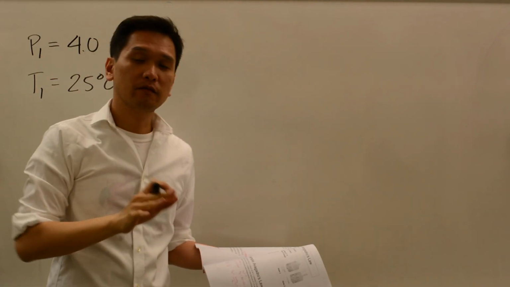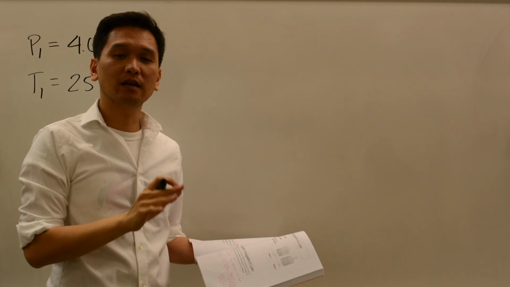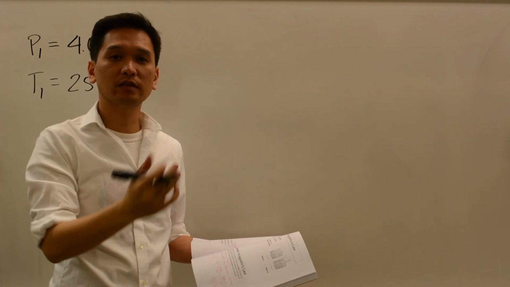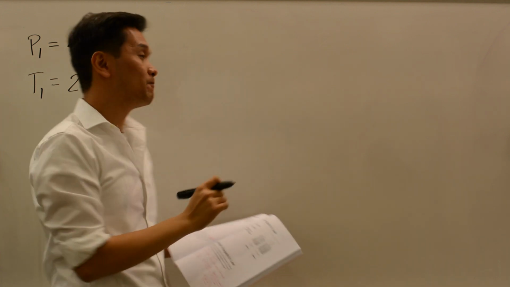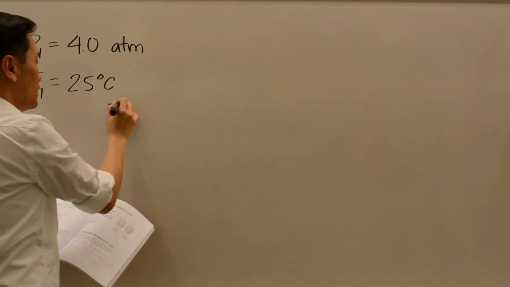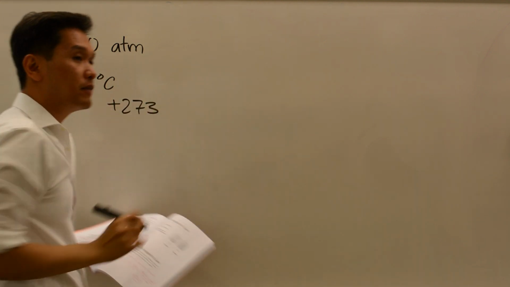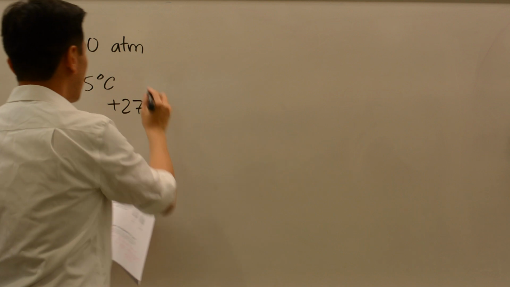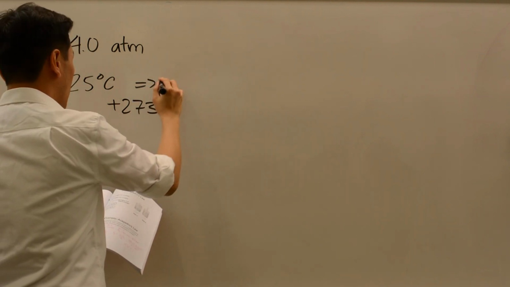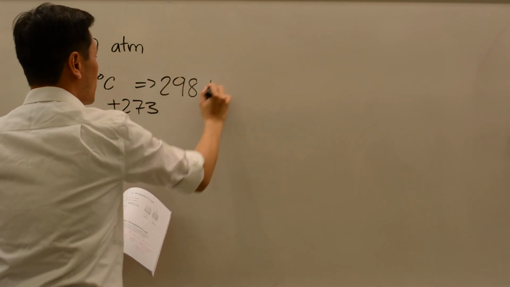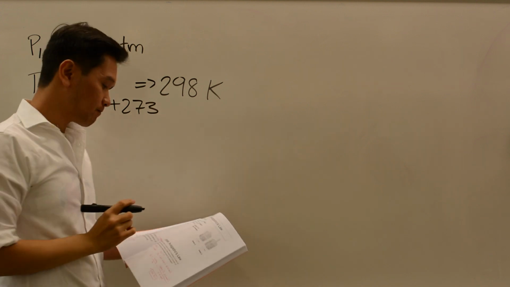But remember, for gas law problems, we cannot use Celsius for temperature. We have to first convert everything to Kelvin. That's just a matter of adding 273 to this number to give us 298 Kelvin.